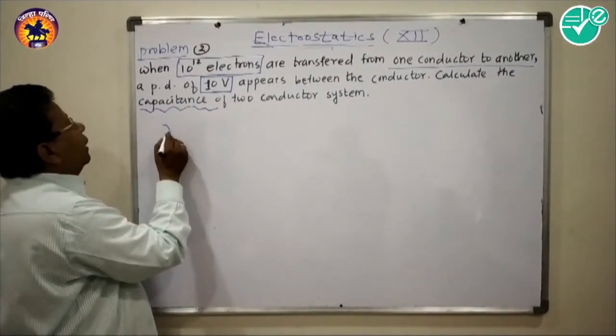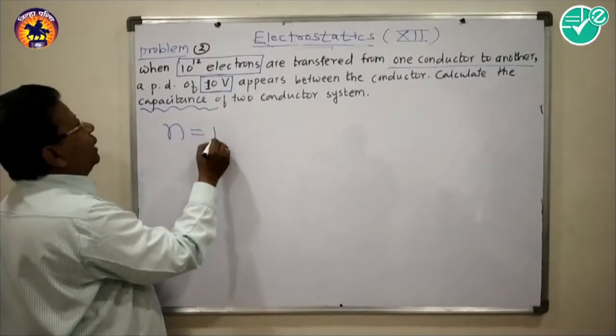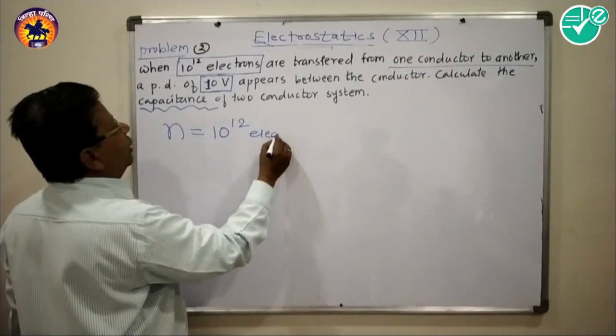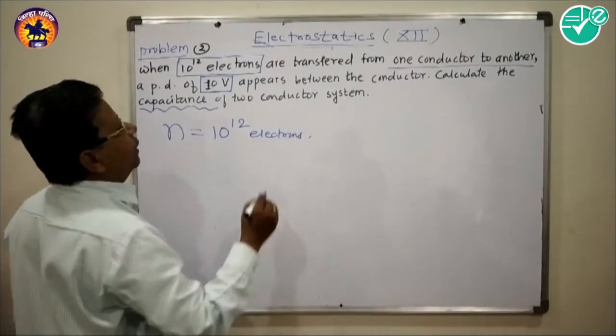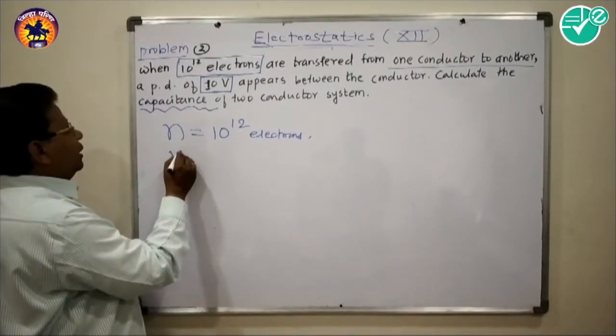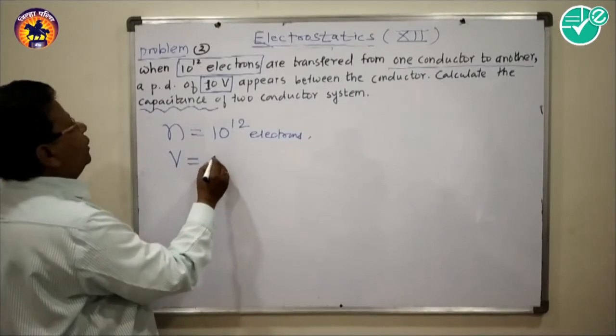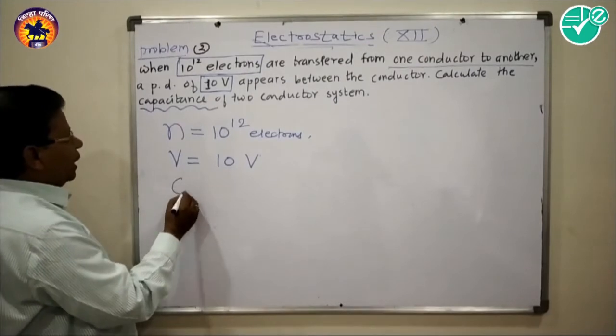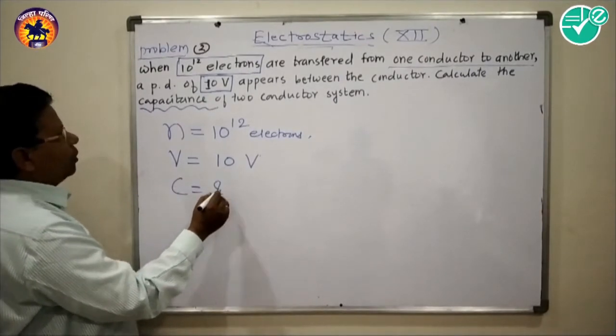So here N, that means the number of electrons, is given, which is 10 to the power 12 electrons. Potential is given, V is equal to 10 volt. And we have to calculate the capacitance of the system.